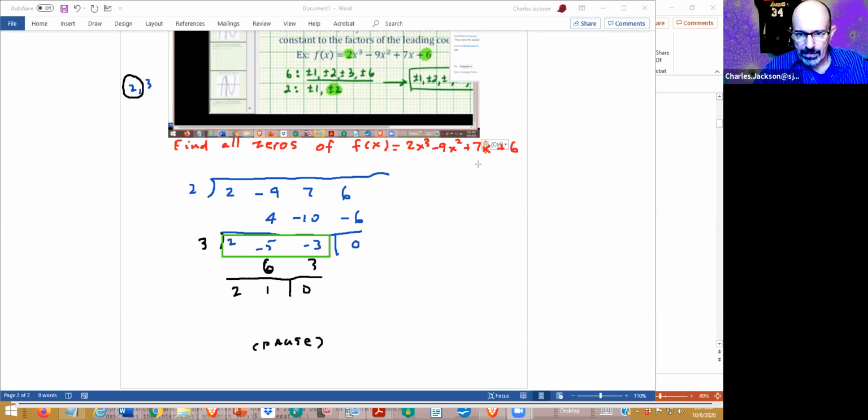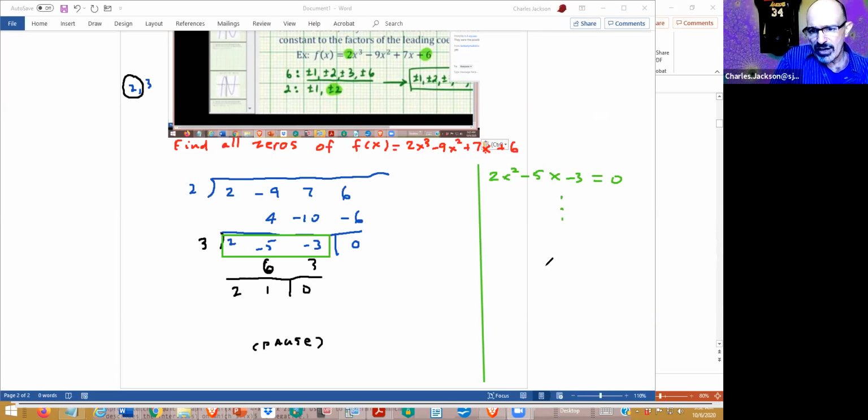And at that point, you own this problem, because you always can take the depressed polynomial, set it equal to 0, solve that equation using the quadratic formula, and no matter what kind of solutions you get out of that, rational, irrational, real, non-real, doesn't matter, you will be able to get them using the quadratic formula.